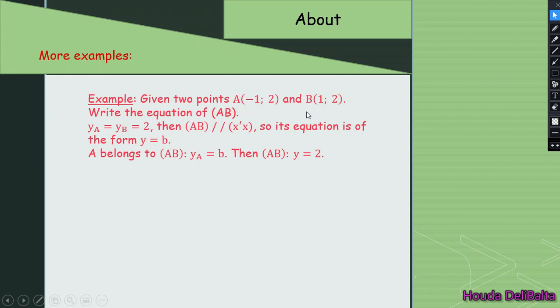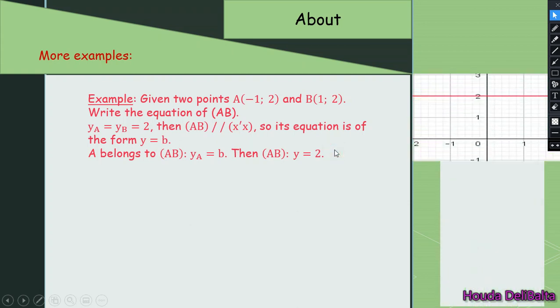Now let's notice something special here. We notice that YA and YB are both equal to 2. Then definitely AB is parallel to the x-axis. Notice the figure. A is (-1, 2) and B is (1, 2). So here is point A.